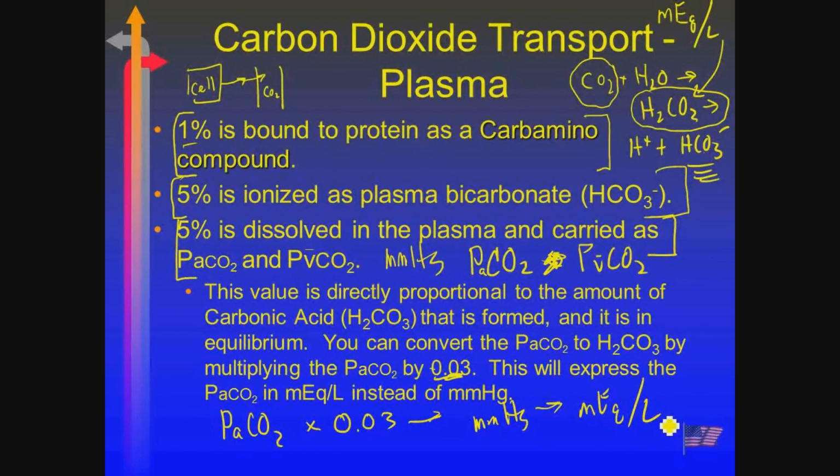So if I have a normal PCO2 value of 40, times 0.03 equals 1.2, and now it's milliequivalents per liter of blood.